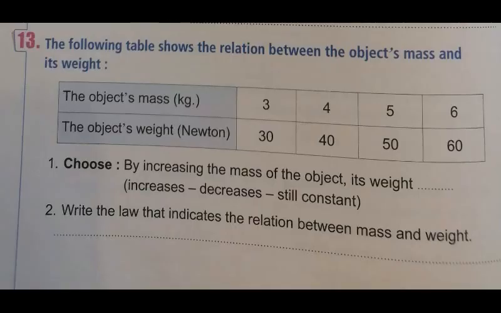Number 13. The following table shows the relation between the object's mass and its weight. It gives us a table with the object's mass by kilogram and the object's weight by Newton. In the first one, the object's mass is 3 kilogram and the weight is 30 Newton, because it is multiplied by 10. 3 times 10 is 30, 4 times 10 is 40, 5 times 10 is 50, 6 times 10 is 60.